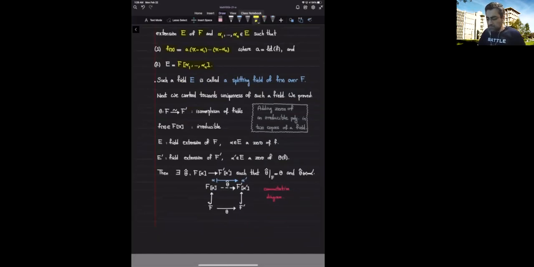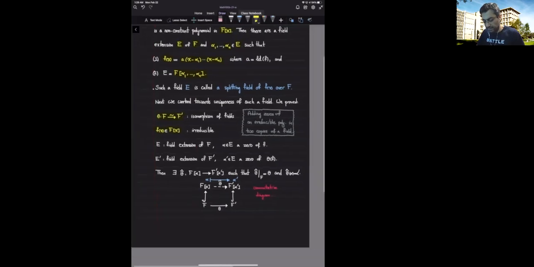So suppose that we are given an isomorphism theta between 2 fields, F and F prime. So that's what I mean by having 2 copies of the same field. And we are given a polynomial, small f, with coefficients inside the first copy, capital F, and we are told that it is irreducible.